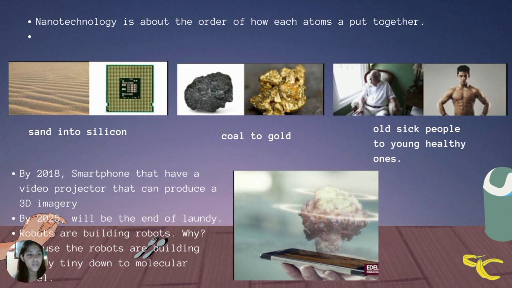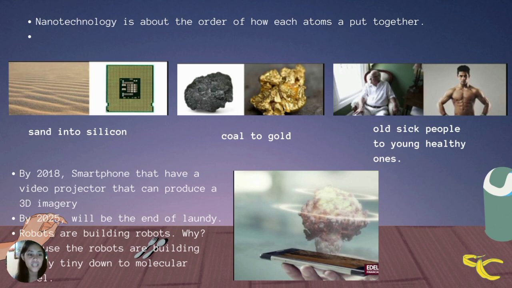By 2025 will be the end of laundry. Meaning, we don't do any washing. We will just rely on these nanotechnologies, and then voila, we have nothing to do.